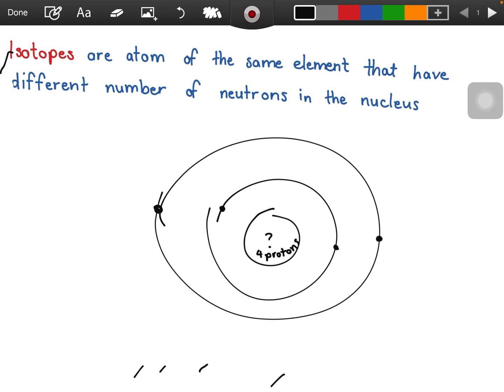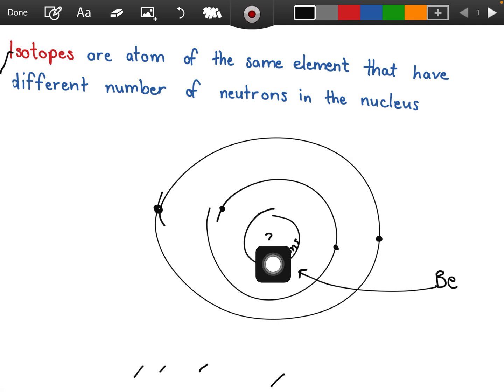You would be able to tell me what element that is by looking at the periodic table and asking which element has 2 electrons in its outer shell, so it's in group 2, and it has two shells, so it's in the second period. So this atom is from the second period of my periodic table, and it has 2 electrons in the outer shell. It has a total of 4 electrons. It's beryllium, and I know this because it has 4 electrons, so 4 protons.